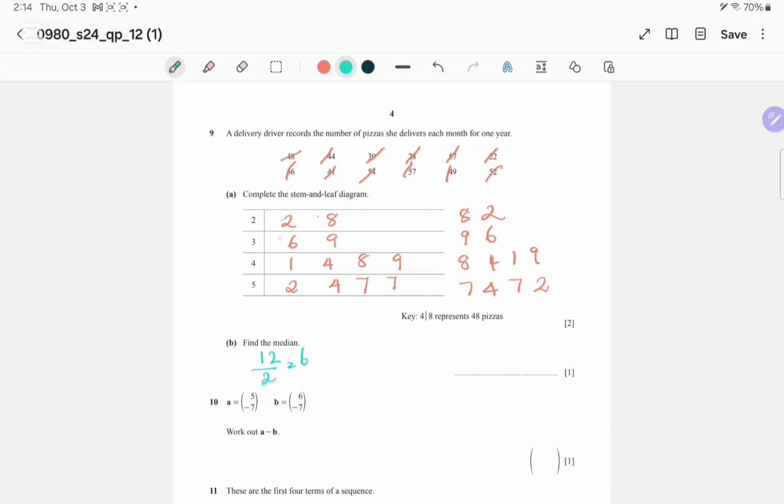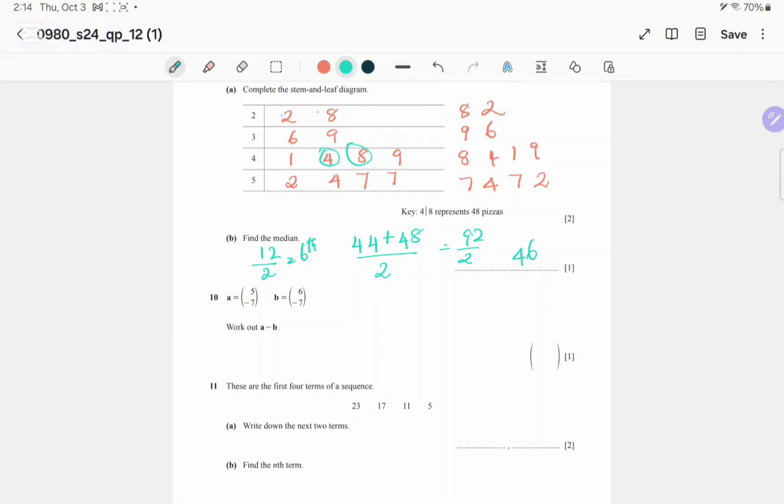This is the sixth number, and the seventh one also you have to take into account. So we are writing 44 and 48. Adding these two and dividing by 2, 44 plus 48 is 92, divided by 2, 46 is the answer.